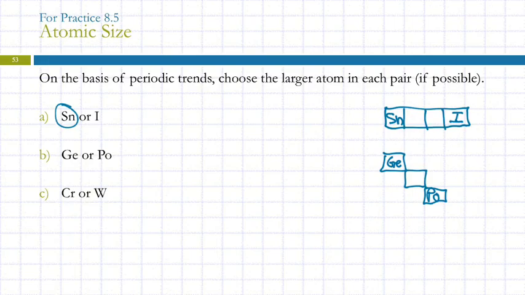So it would be okay to say, not possible, can't tell. What if it was multiple choice and you had to pick one? Which trend is probably more important? Adding in higher levels or that increased nuclear charge? I would guess with the higher levels. Polonium's valence electrons are 2 levels higher than germanium. I would guess that polonium's larger. Okay, so we have conflicting trends here, and if you have to choose, I choose the going down the column getting bigger trend.